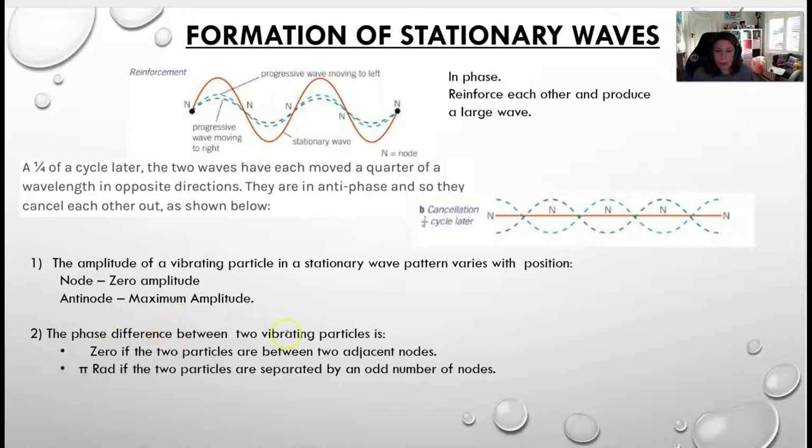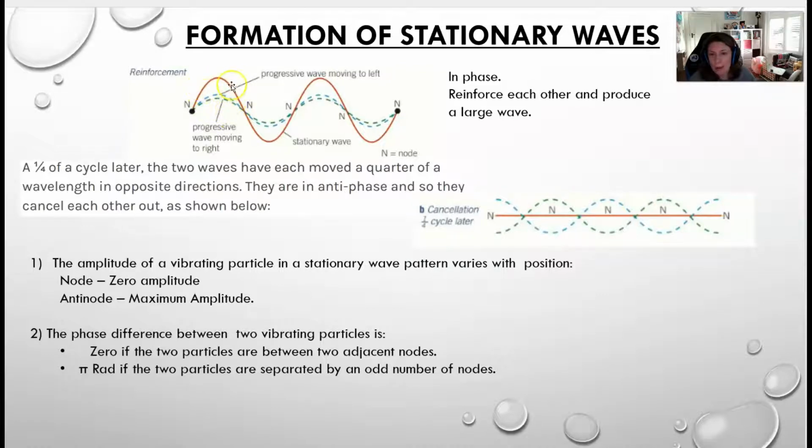And the phase difference between two vibrating particles is 0 if the two particles are between two adjacent nodes. So basically, if I have this node and this node, this particle here and this particle here have 0 phase difference because they're both moving up at the same time.